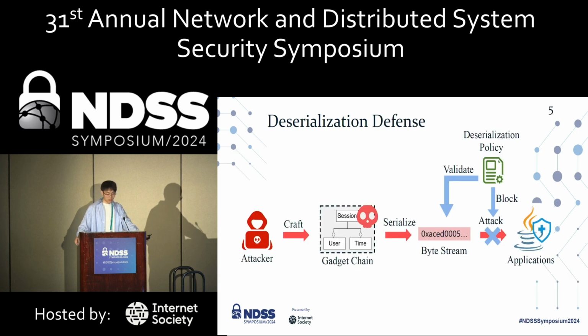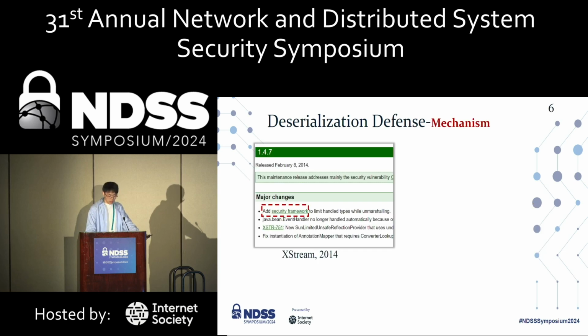The primary method to defend against deserialization attack is to validate the type of objects being deserialized according to a policy, thereby blocking the deserialization of gadget chains. To support such defense strategy, the community has already provided flexible mechanisms that allow developers to establish customized policy for their projects. For instance, in 2014, Xstream introduced a security framework designed to facilitate policy enforcement.